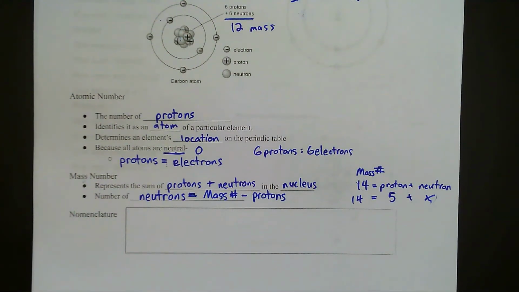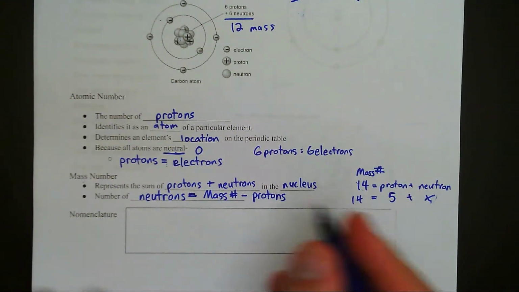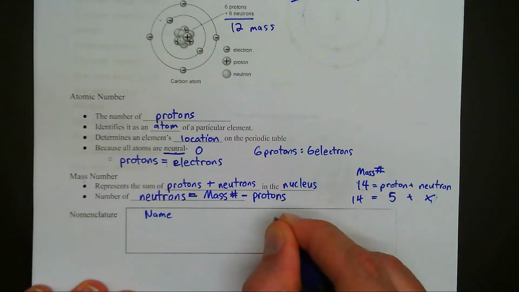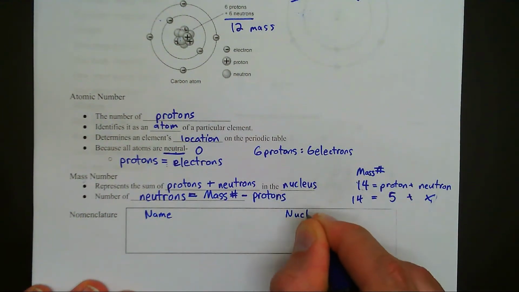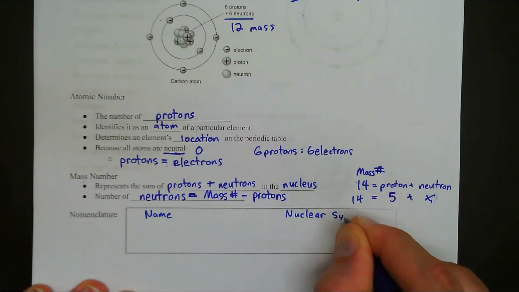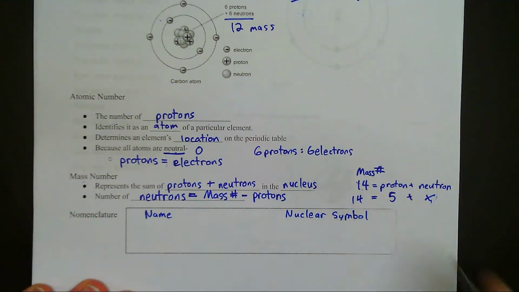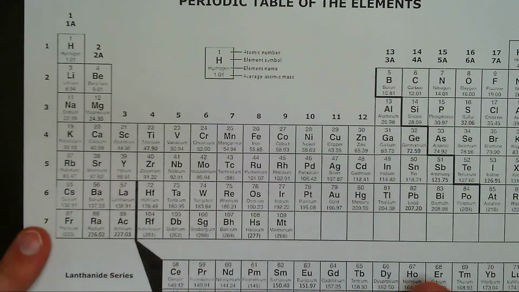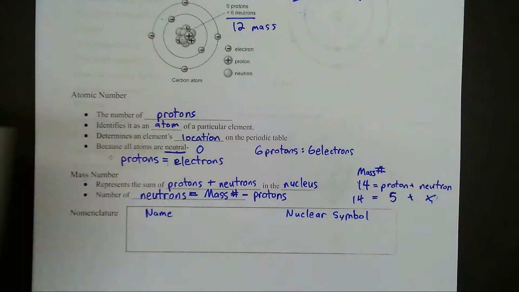Now, there are technically, guys, there's technically 2 ways that we can write these out. And I'll give you an example of both. Just the basic name of it, as well as what I'll put over here called the nuclear symbol. So let's pick a different element here. Let's go with sodium. Okay, sodium is Na on the periodic table.